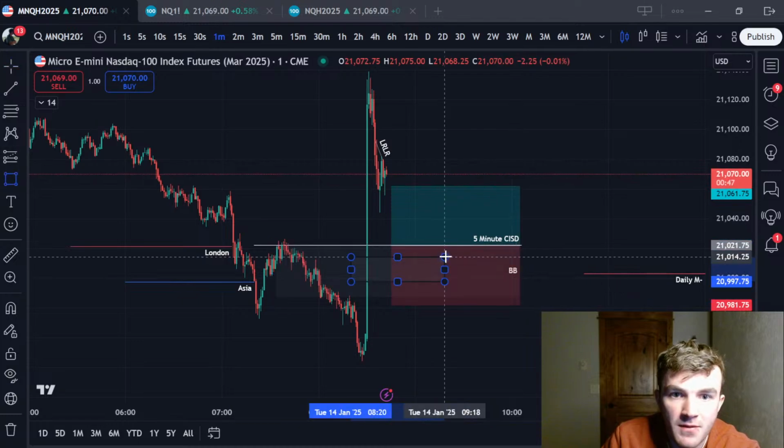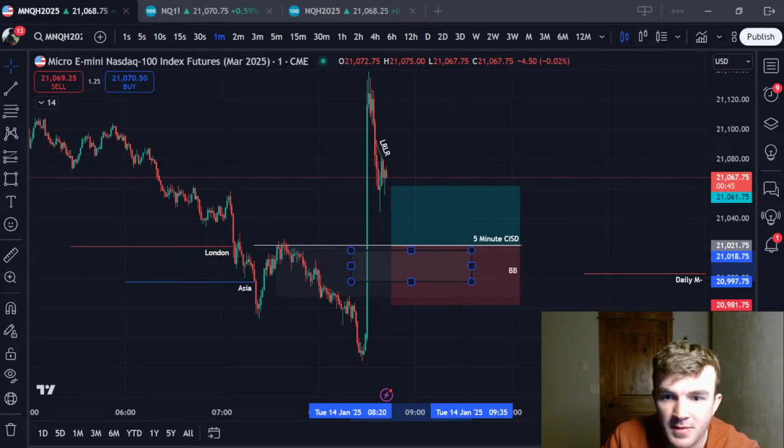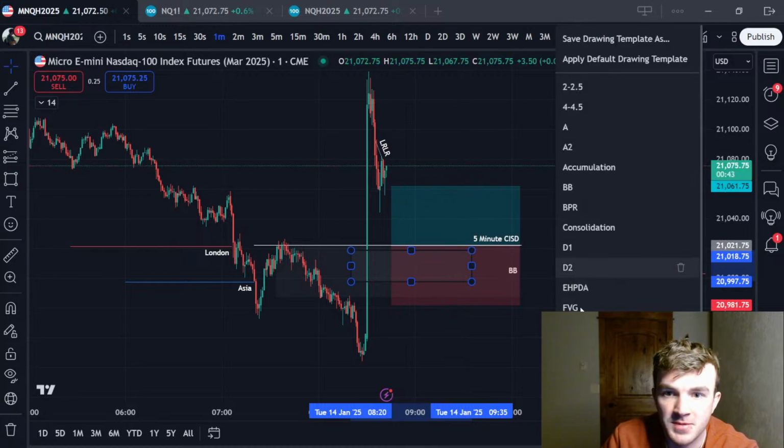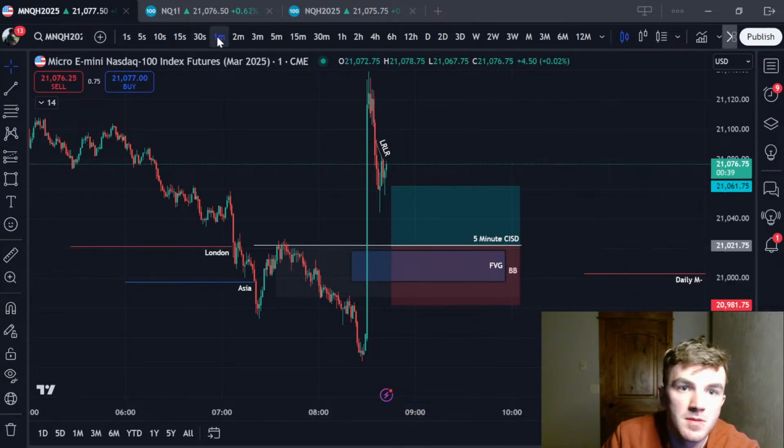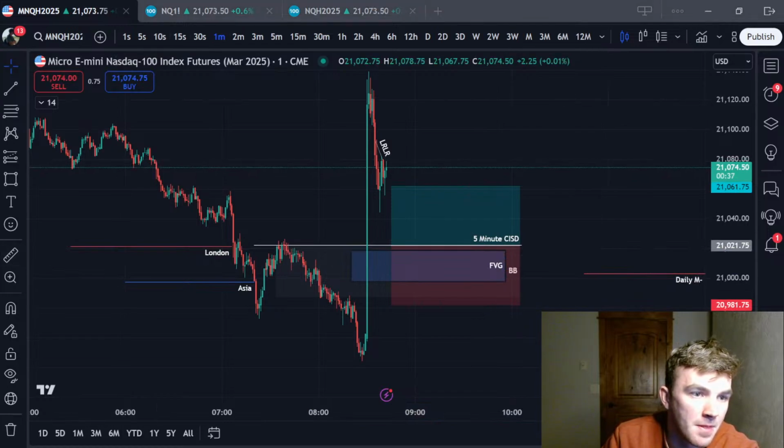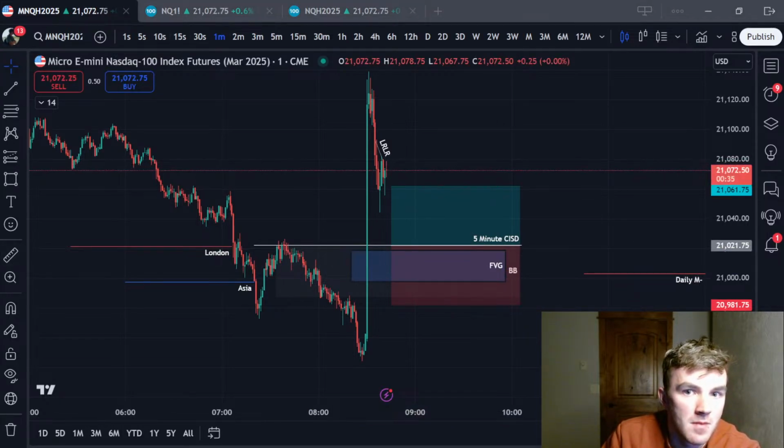I'm looking for lower time frame confirmation off of this area, and then I'm shooting for 1-to-1. That's really what I'm gonna do, personally.